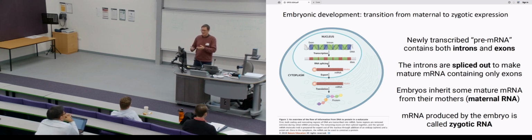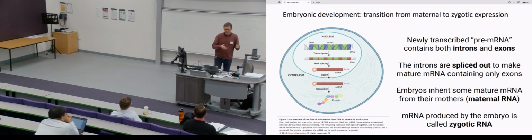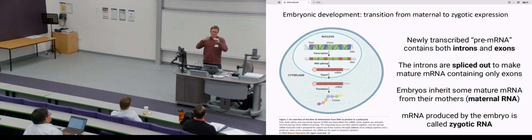It's just using RNA from the mother. And then there's a transition where the embryo wakes up and starts producing its own RNA. We're interested in studying that transition, which is called the maternal to zygotic transition, right? Initially, you get all your RNA from the mother, and that's enough to make your embryo for a while. And then eventually, you have to start producing your own RNA.